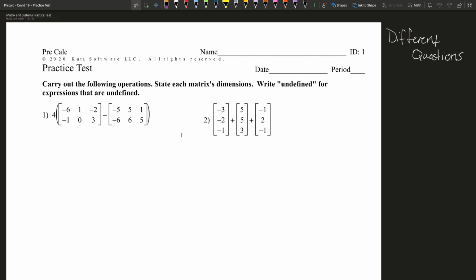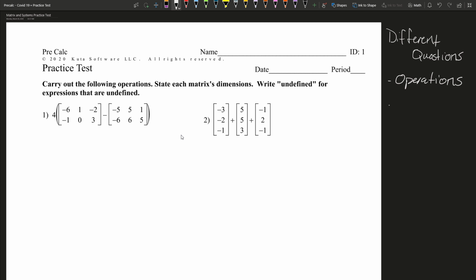Okay, and there are a couple of different types of questions. There are operations of matrices. So we have to be able to add matrices together, multiply by a scalar, and multiply matrices together, which are the first 3 questions on this practice test.